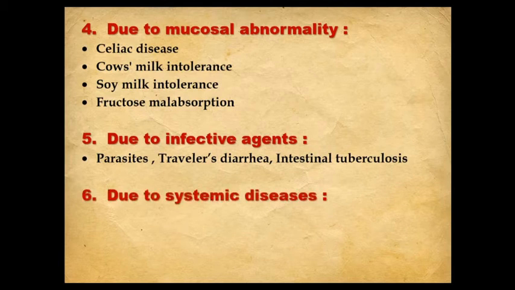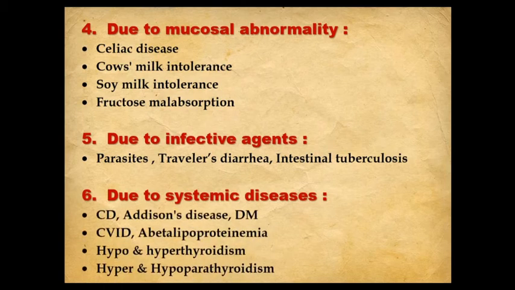And the last group of causes may be due to systemic diseases. This is disease involving the GIT and other systems, affecting the absorptive function of the intestine. And the example again is celiac disease. So here you find celiac disease in the mucosal abnormality or due to systemic disease.